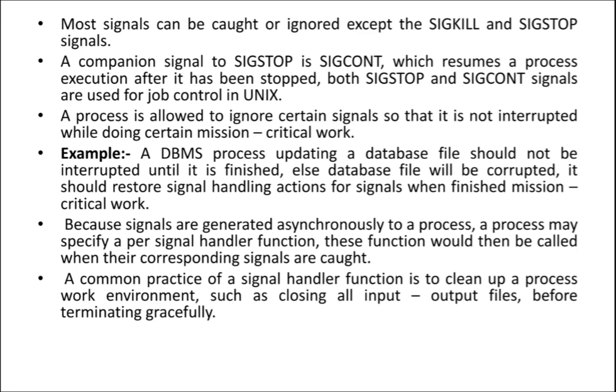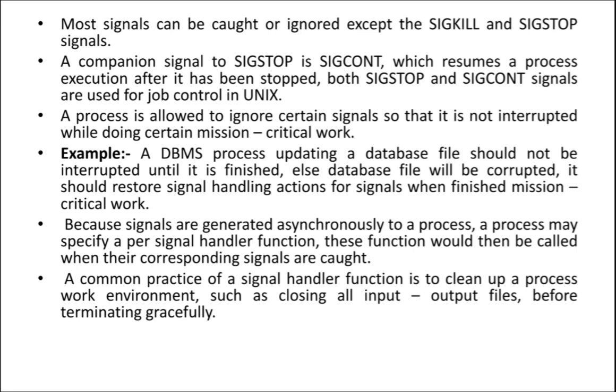And one more important thing, because signals are generated asynchronously, a process may specify a per signal handler function. This function would then be called when the corresponding signals are caught. That means for every signal there should be a handler. Handler means it's like an address, like an identifier for the signals, because a process can generate signals asynchronously, that means randomly.